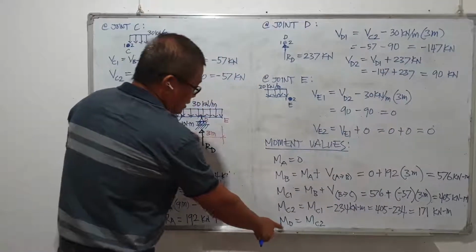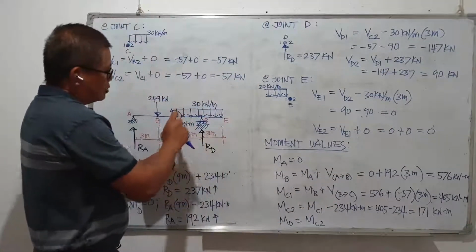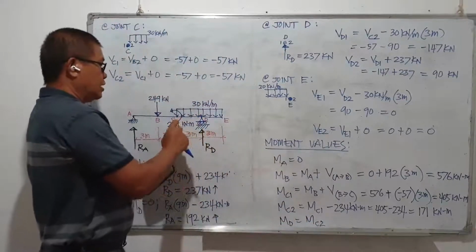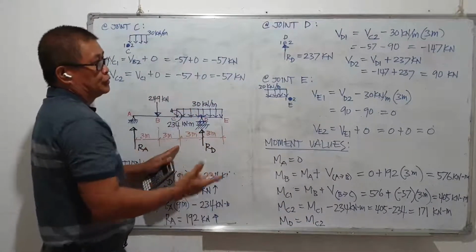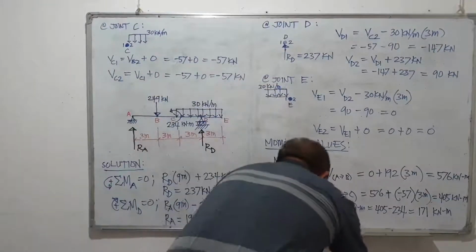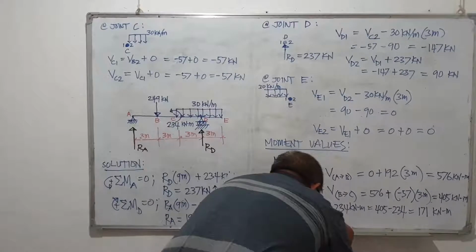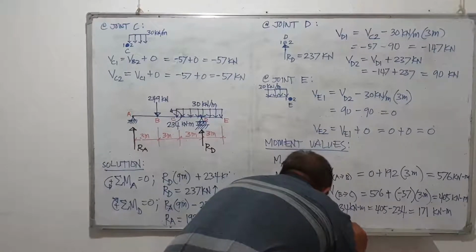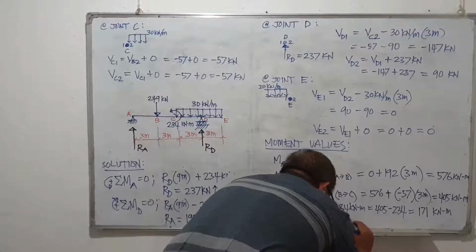So the moment at D is the moment at C2 minus the area of the trapezoid of negative shear, from point C to point D.